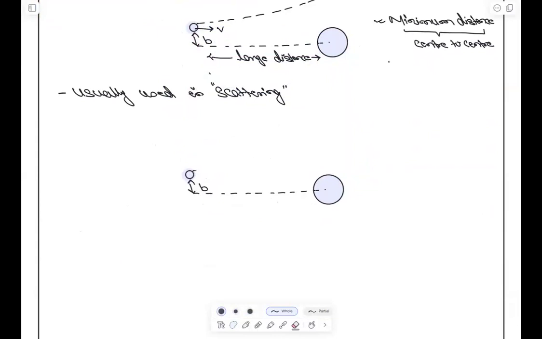Now, if it goes undeflected... give me a minute, otherwise पूरा बर्बाद जाता है. ठीक है?